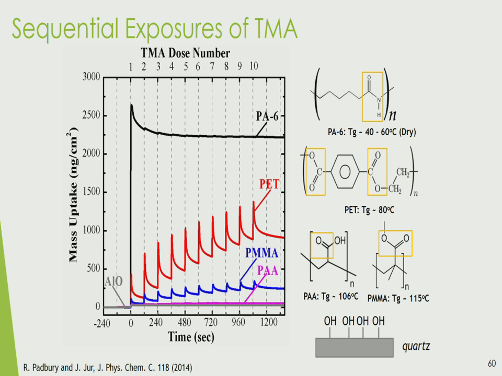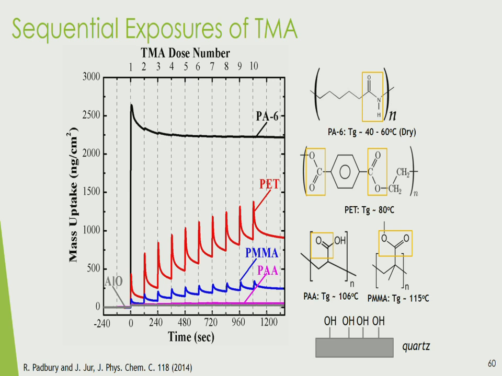So when we have all these different polymers, we start to see different effects. So we get this huge mass uptake with the nylon 6. Then we get a gradual mass uptake with the polyesters. PMMA, we get the same thing, but a little less. And the PAA is a lot like the aluminum oxide. So you can actually start to see some possible relationships here. Number one, our Tg is increasing.